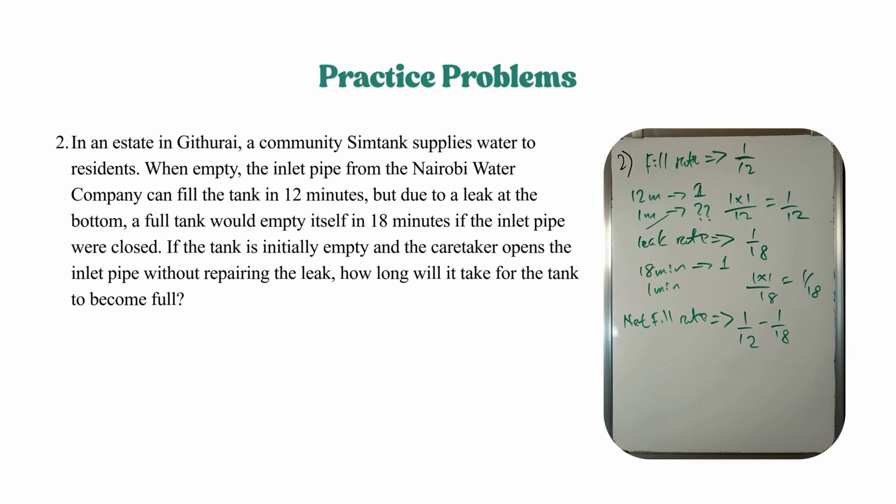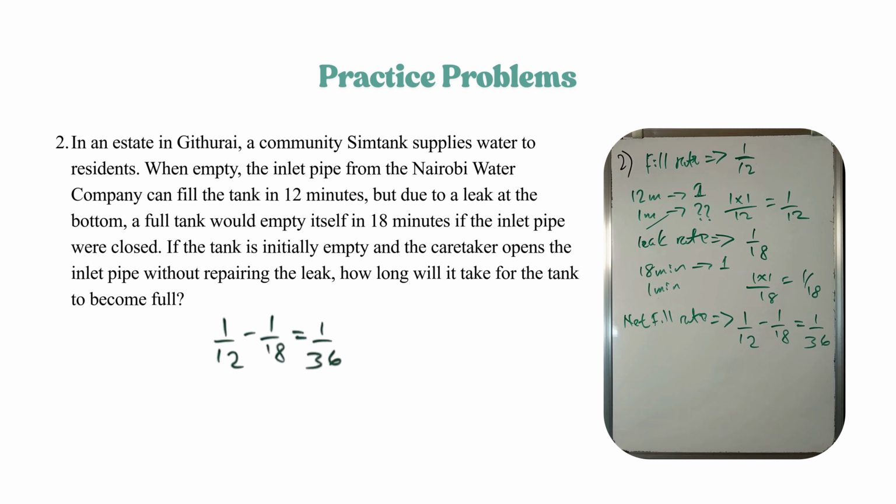That is for 1 minute. You'll find the LCM and you'll subtract. If you find the LCM and subtract, you'll find the answer will be 1 over 36. That is for 1 minute.